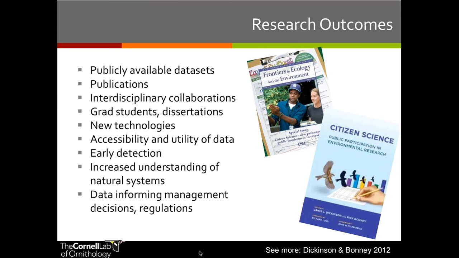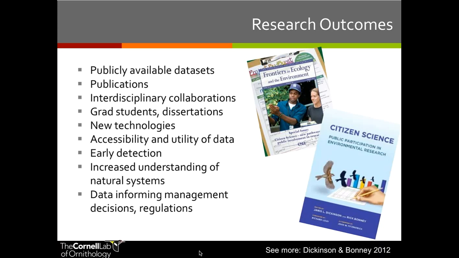We've done a lot of work in the area of research outcomes. So I mentioned before, over 1,500 citizen science papers. That's just one of the ways that we can measure the outcome and the research potential of citizen science.